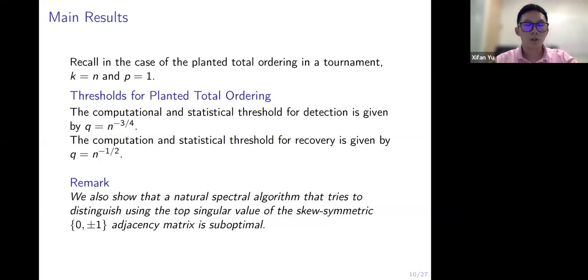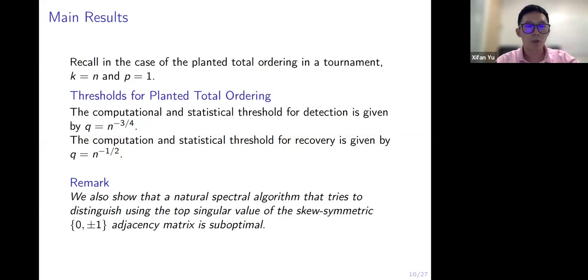We also give some further results in the extreme case for the planted total ordering. We show that the computational and statistical threshold are both given by Q being n to the minus 3/4, and the computational and statistical threshold is given by Q equal to n to the minus 1/2.